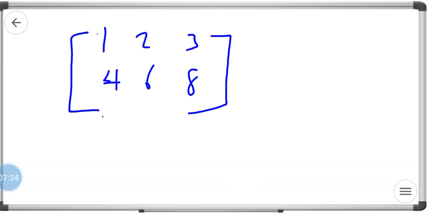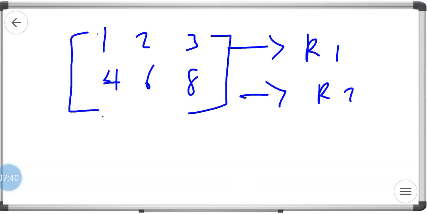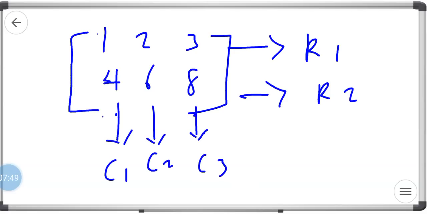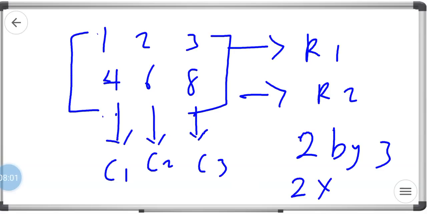I'll write row 1, and here row 2, here column 1, here column 2, and this side column 3. So the order will be 2 by 3. We have 2 rows and 3 columns. I can just write 2 by 3, or 2 multiplied by 3. So that is the order of that matrix.